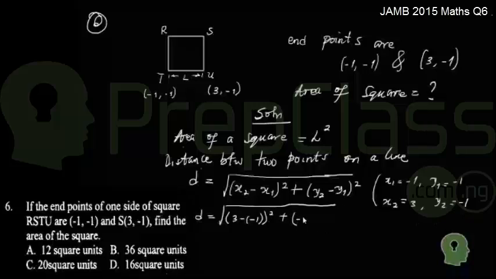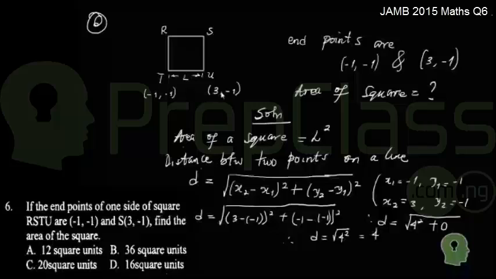So I would have -1 minus now y1, which is also -1 all squared. So therefore this will reduce to d is equals to the square root of 3 minus -1, that will give me 4 all squared plus -1 minus -1, that will give me 0. So therefore I would have d is equals to the square root of 4 all squared, which is still the same thing as 4.